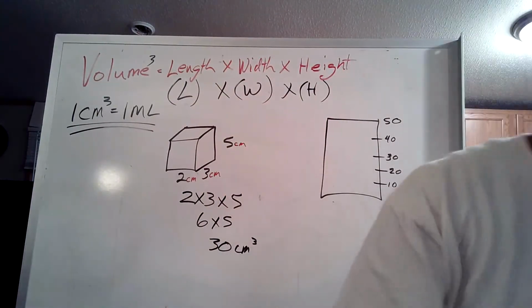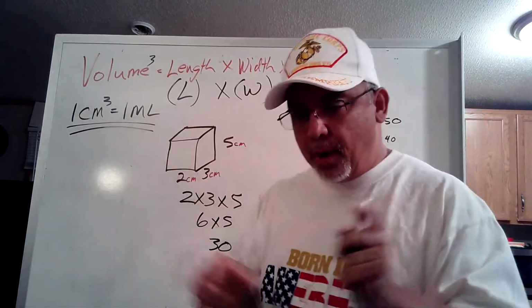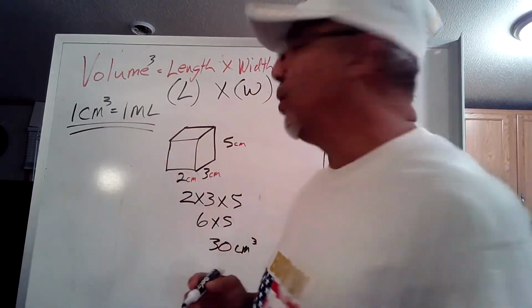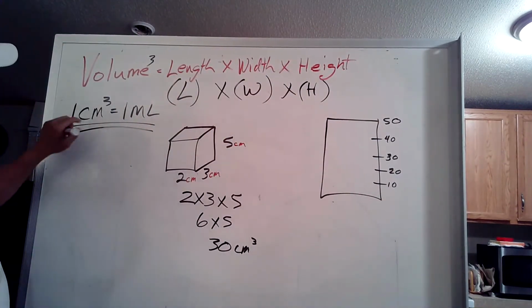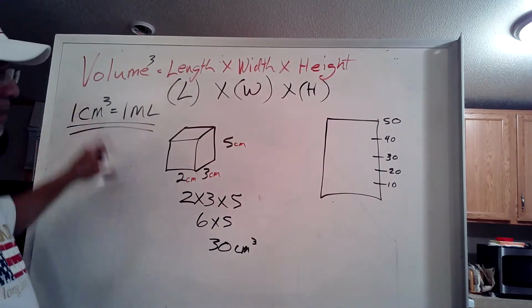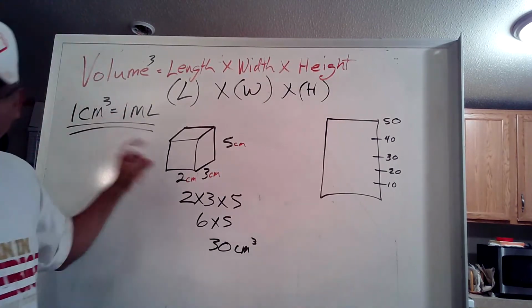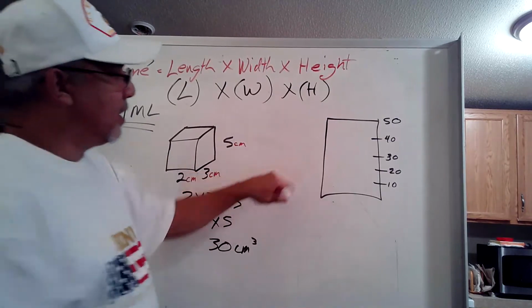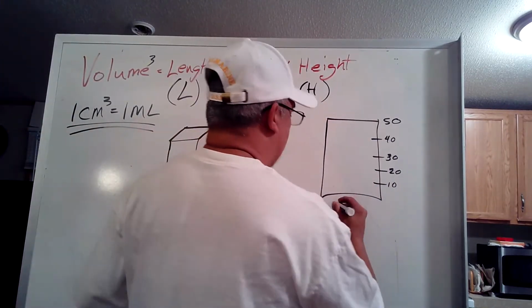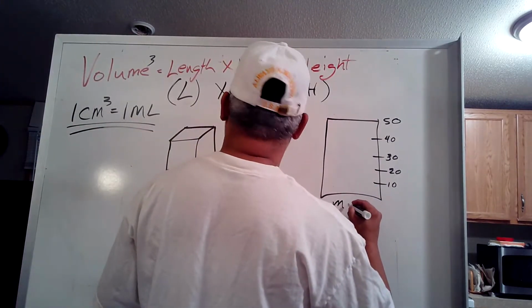Now, abracadabra, we're going to change that into a liquid. And so we know, because of this rule right here, every cubic centimeter is equal to 1 milliliter. If this equals 30 cm³, then over here, this should be mL.